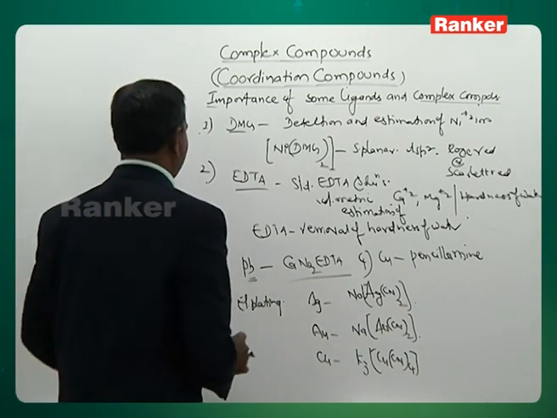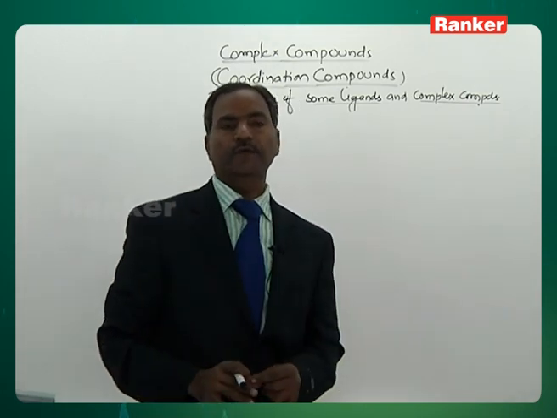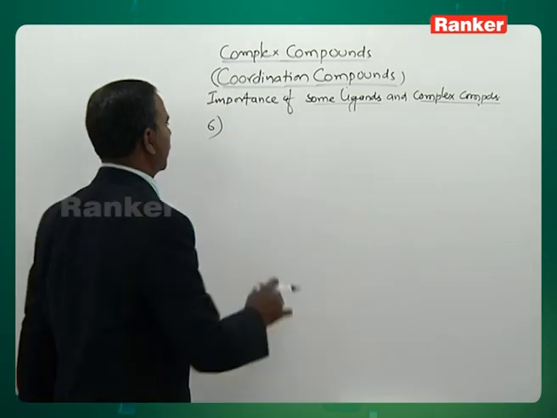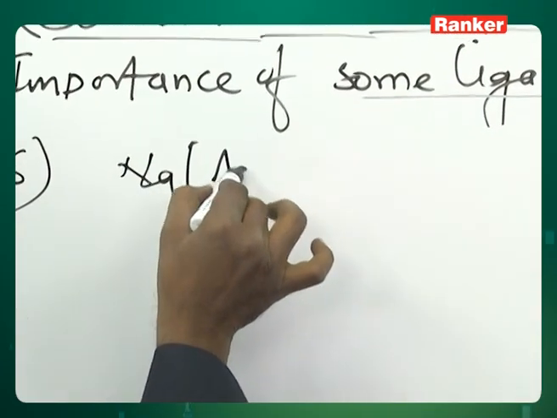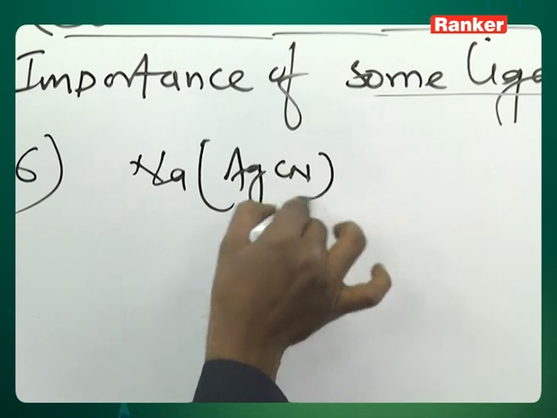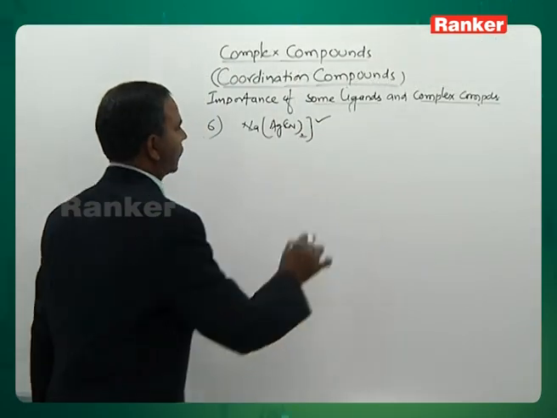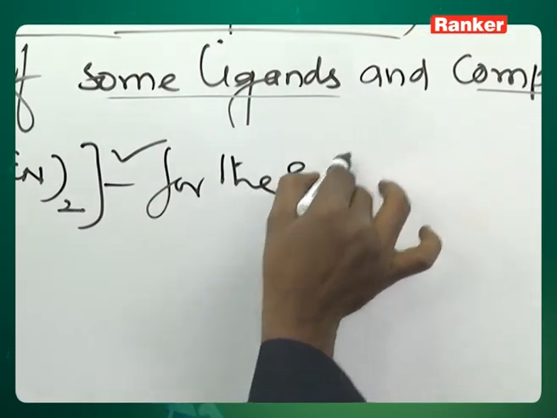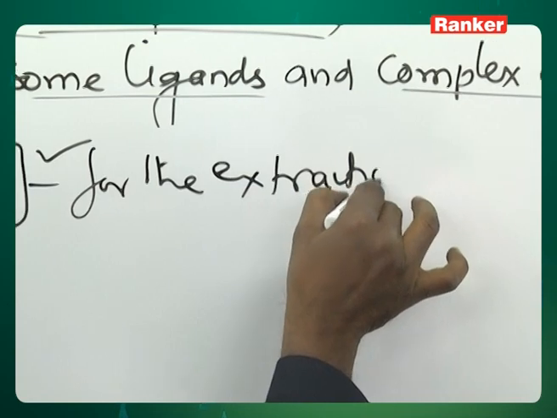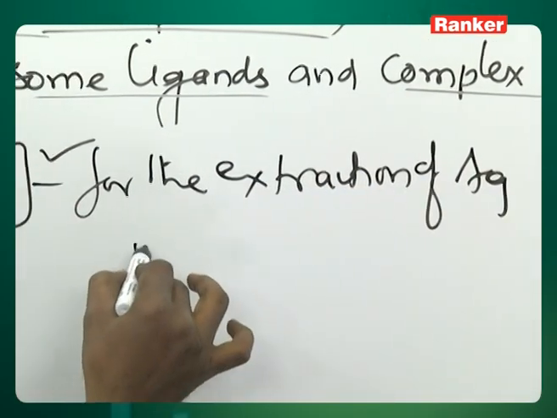Next, some more are there. We will discuss hydrometallurgy. For the extraction of silver and gold, the complex used is Na Ag(CN)2. This complex is used for the extraction of silver in hydrometallurgy.